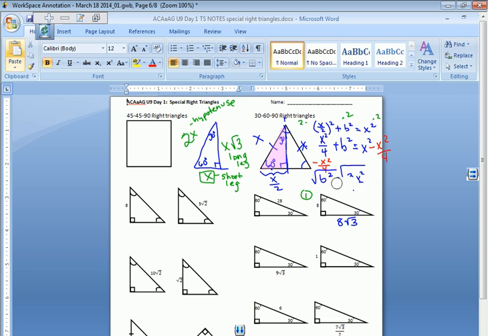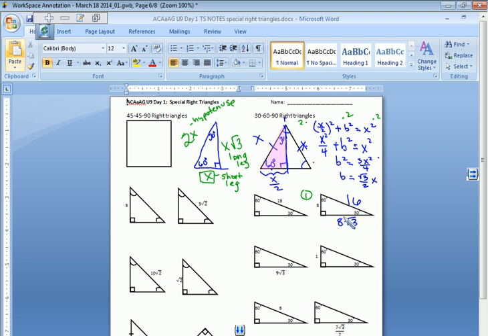I'm going to erase this just so we don't get confused here. Does that make sense?